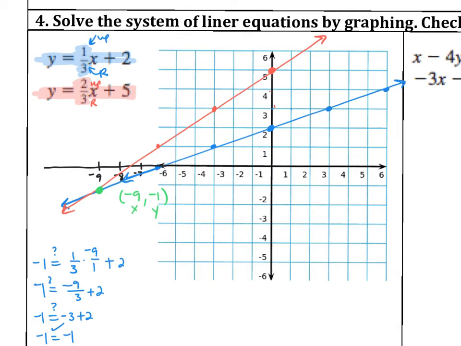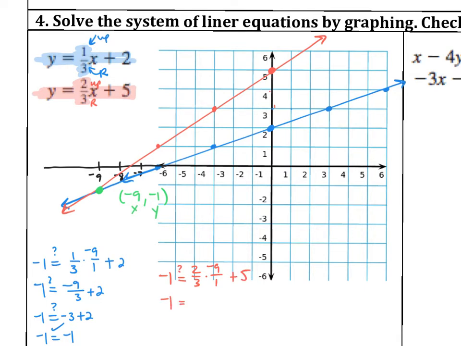And we're a little concerned because we had to estimate, so we want to make sure. We had to extend our graph on our own. We want to be positive. All right, for the red equation, I've got y equals 2 over 3 times x plus 5, so negative 1 equals 2 over 3 times negative 9 over 1 plus 5. All right, is this true?